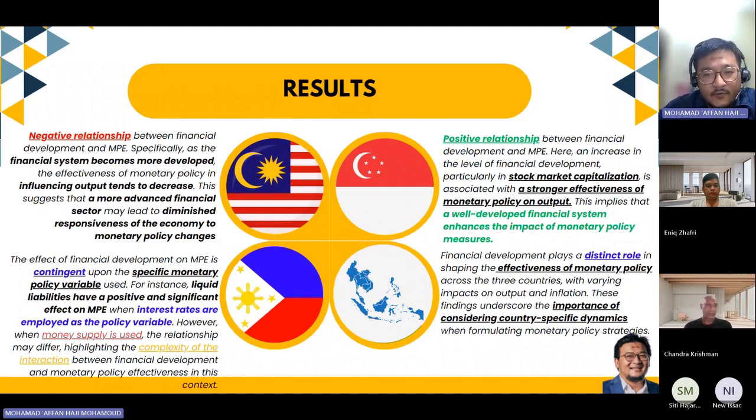So financial development plays a distinct role in respective countries. It is not the same for each country. Although you can see a similar pattern between Malaysia and the Philippines, the responses produced in the result are not similar in terms of the character of actions taken.